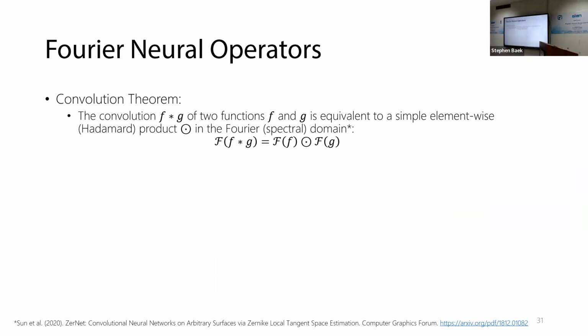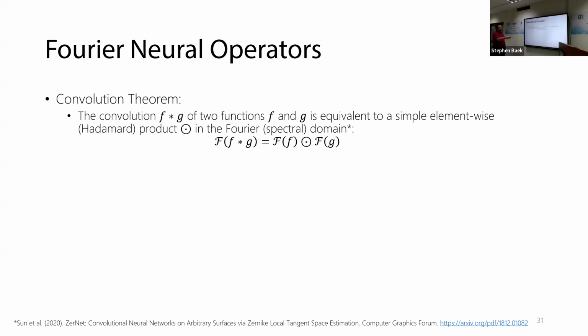The convolution theorem says that if you have functions f and g in the original function space, then the Fourier transform of the convolution of the two functions is the same as the dot product, or Hadamard product, between the Fourier coefficients of f and the Fourier coefficients of g.